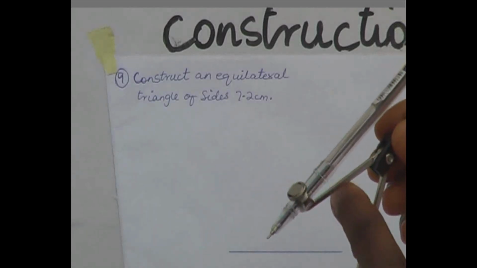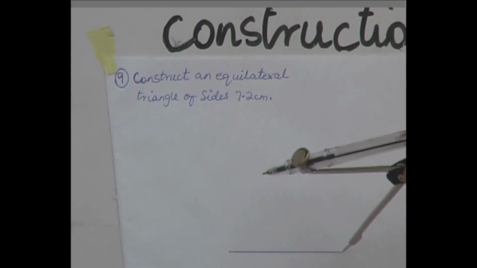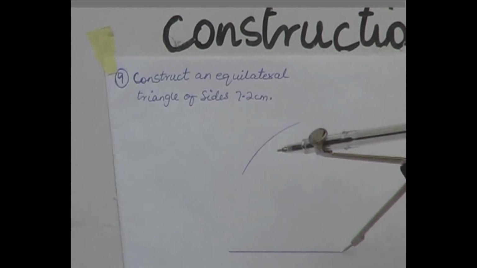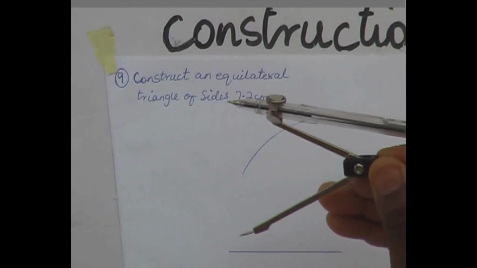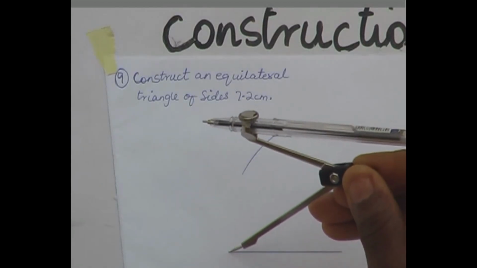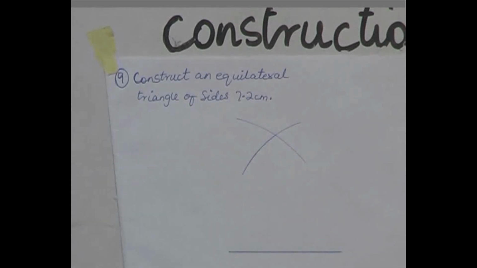Do not adjust this radius. Put the tip at the end of this line that is 7.2 centimeters. Draw an arc here. Remove it. Put it at the other end of the line. Draw another arc to cut the one you drew before.